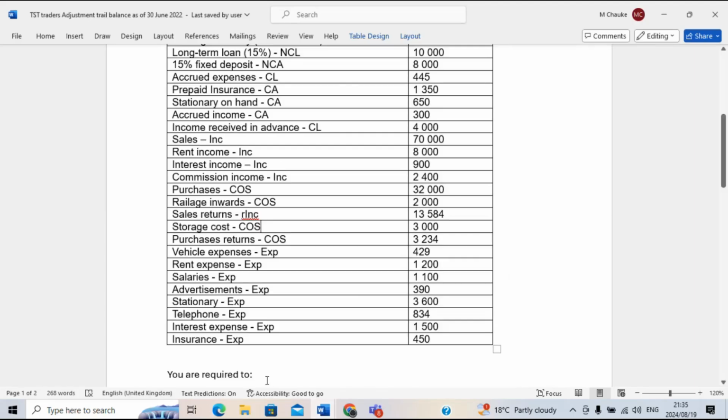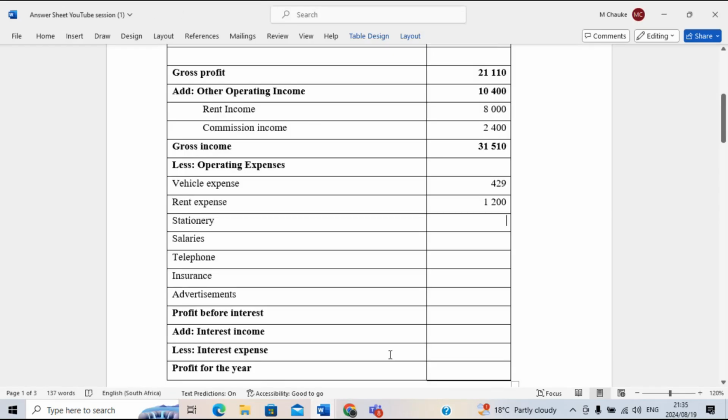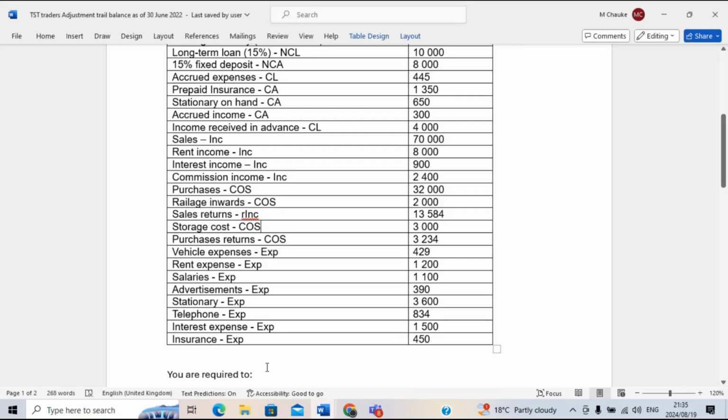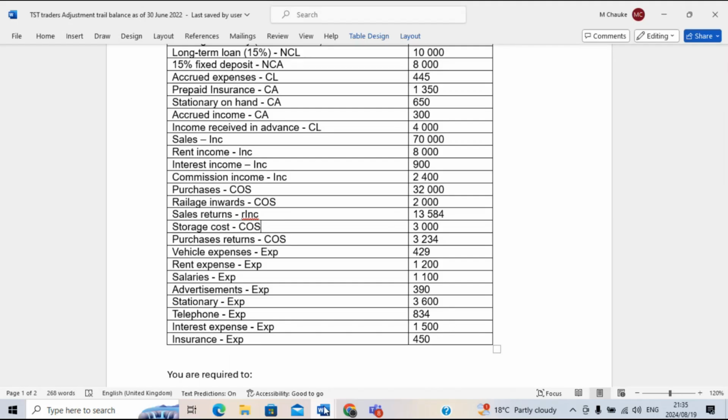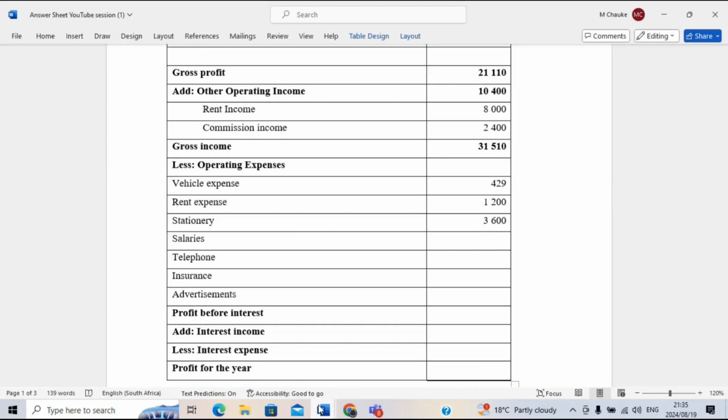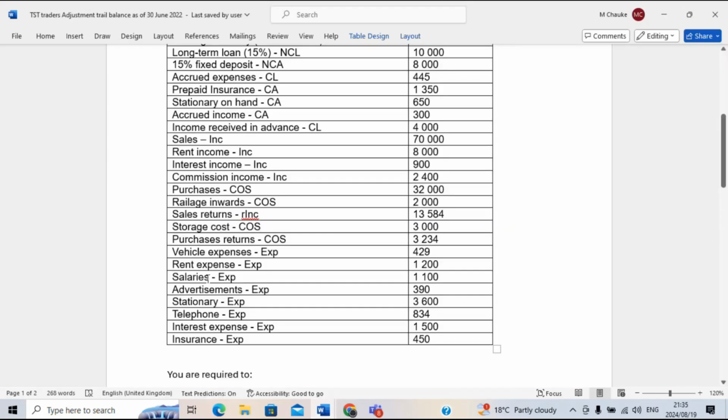Stationery, how much is it? Stationery is 3,600. And then our salaries. Salaries is 1,100, right?